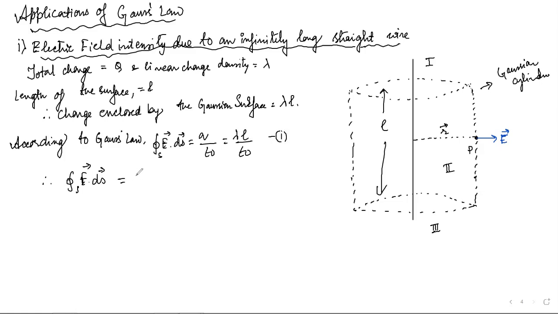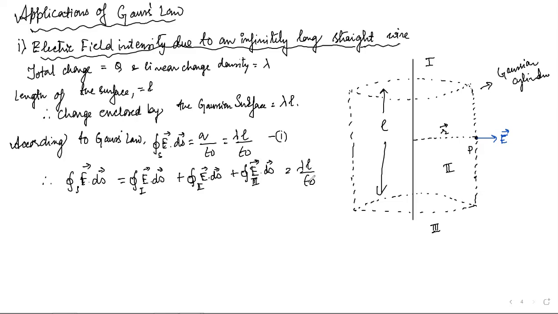It can be split into 3 parts: closed integration over 1 of E dot ds plus closed integration over 2 of E dot ds plus closed integration over 3 of E dot ds, which comes as lambda L by epsilon 0.